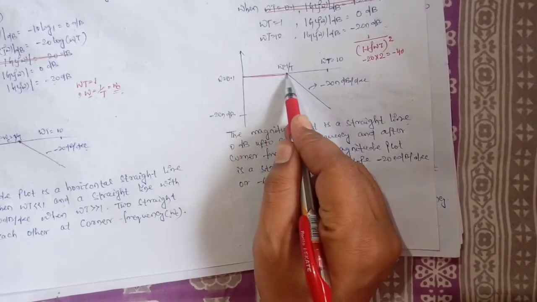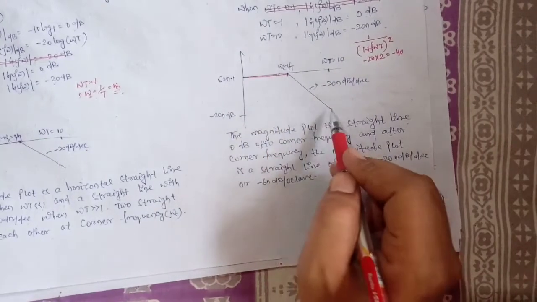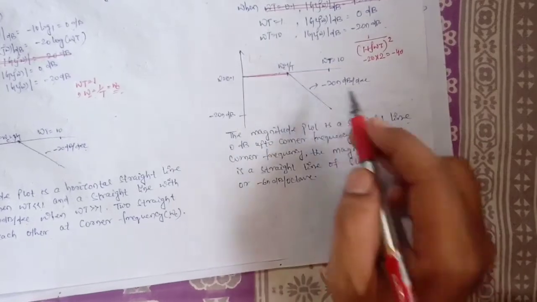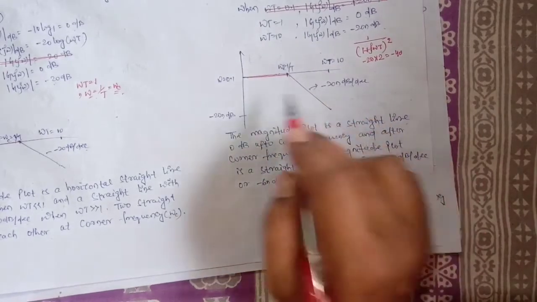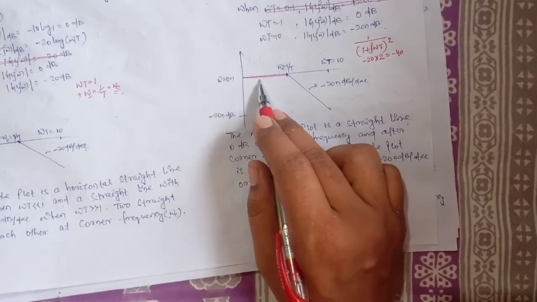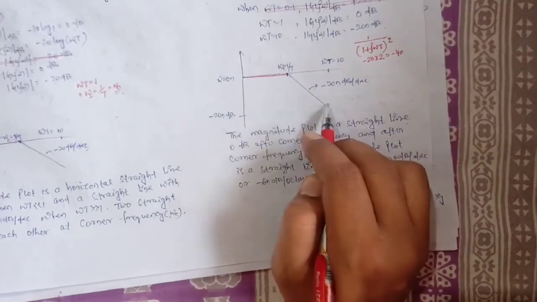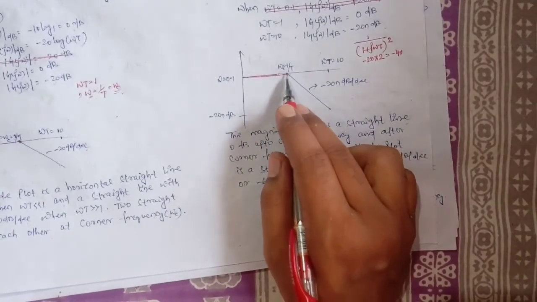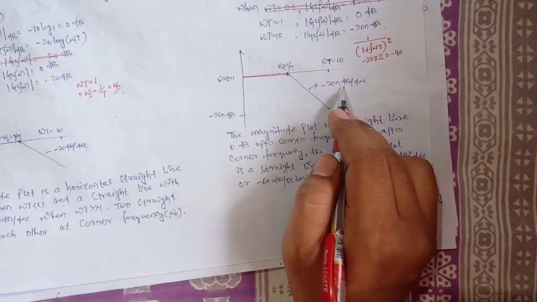Up to corner frequency my value is 0 dB, and after corner frequency my slope is minus 20 n dB per decade. So it is basically two straight lines. The first straight line is 0 dB up to corner frequency, and another straight line which starts from corner frequency has a slope of minus 20 n dB per decade.